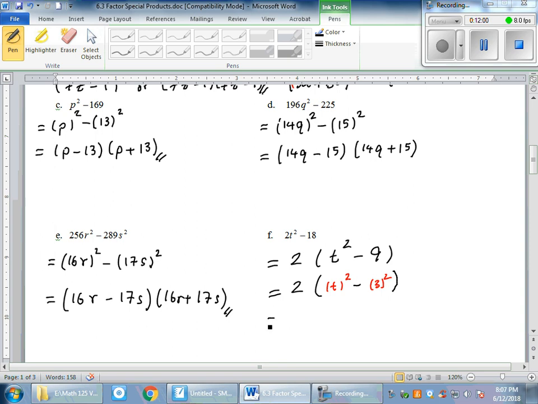So now using the formula I can factor it out, first minus last and then first plus last. This step is not necessary. Okay, if you can see a difference of two squares, you can jump from here to there for the final answer. And this factor 2 must be brought down on every step because this is a part of the problem, so you cannot leave it out. So this is like a combination of what we talked about in previous sections and this section.